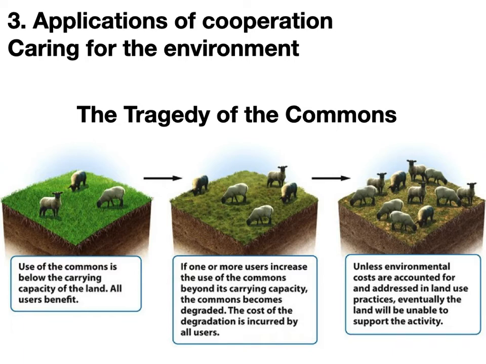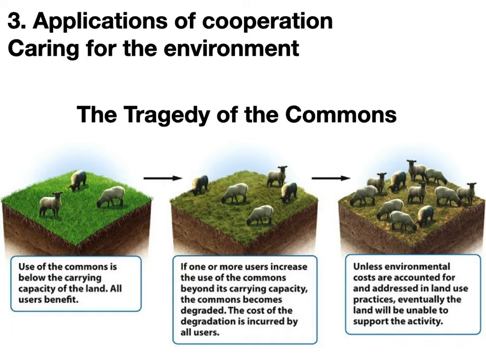But if one or more of the users increases their use of the commons beyond the carrying capacity, so if I really want my sheep to be doing well and I graze them a lot more than the grass in the community can withstand, and I use that resource up, there's a cost that gets incurred by everybody, because now everybody else in my community can't graze their sheep sufficiently.